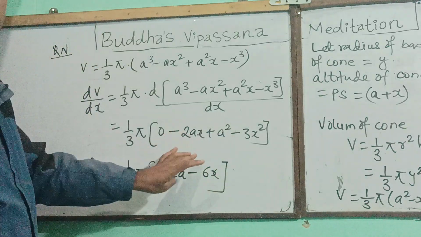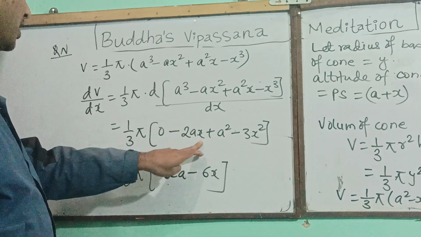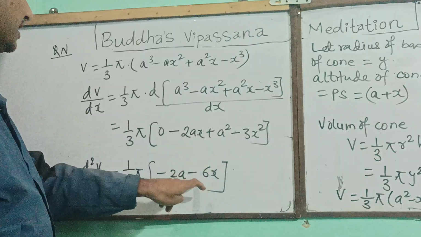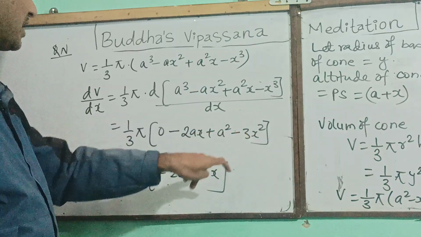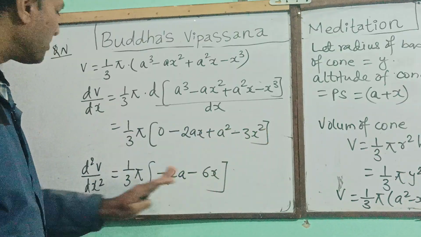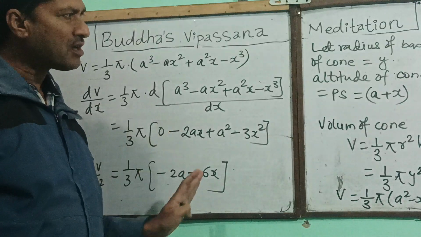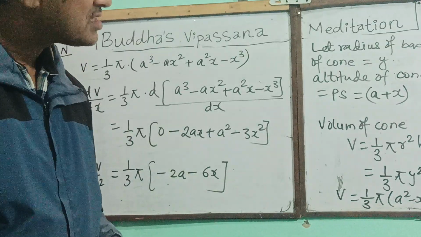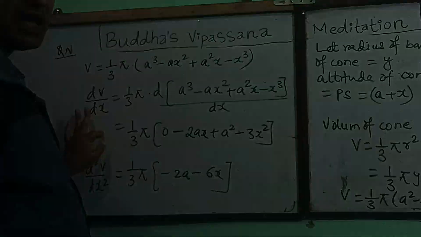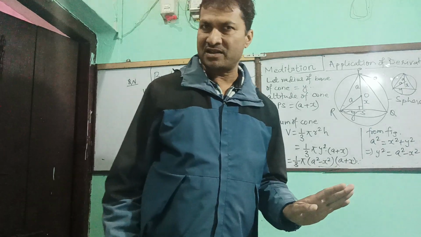Okay, so derivative, I think all of you know: derivative of 2ax is 2a, 1 is constant, derivative of a is 0, this is 3x square, 3 comes over here and x square derivative is 2x, so this one is minus 2a minus 6x. So this much up to now. We have to maximize the volume, so we have to make dV upon dx 0 and we have to get the stationary points. Okay, up to now is clear.